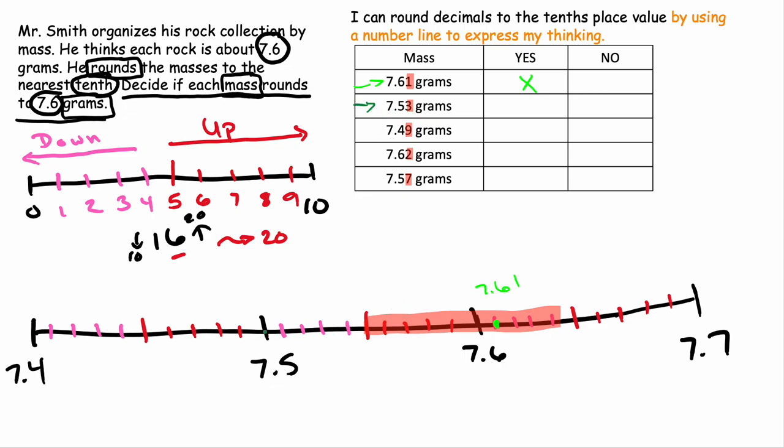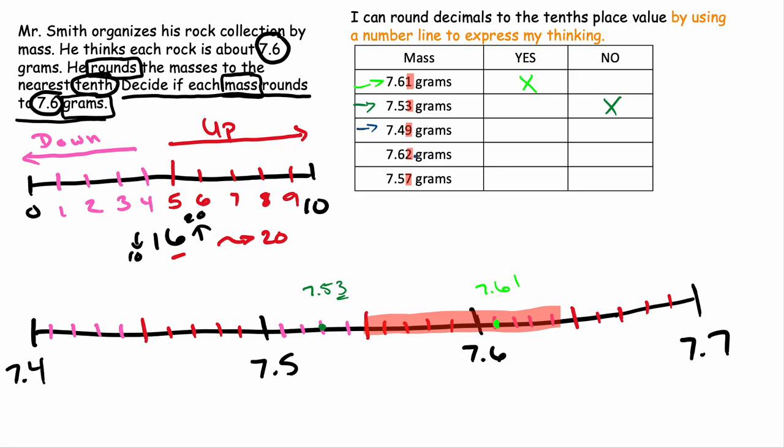Here's 7 and 50 hundredths, or 7 and 5 tenths, 51, 52, 53 hundredths. That falls outside of our designated area, so that's going to be no. It will not round to 7 and 6 tenths because the value of 3 hundredths will not go up. We're not going to round up to the next tenth.